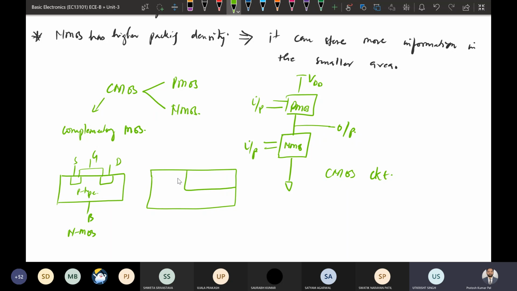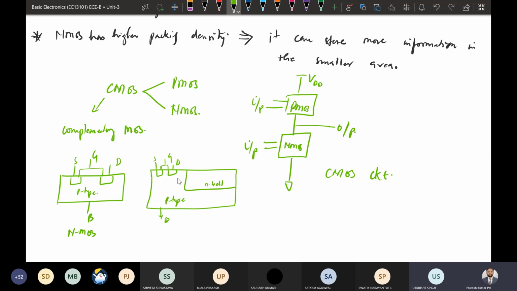Suppose this is of P type, and here this is the source, this is the gate, this is the drain, and this is your body. So this is your NMOS. Up to here this is NMOS, but on that P type substrate there is what is called an N well.